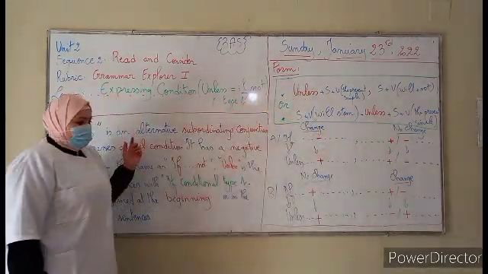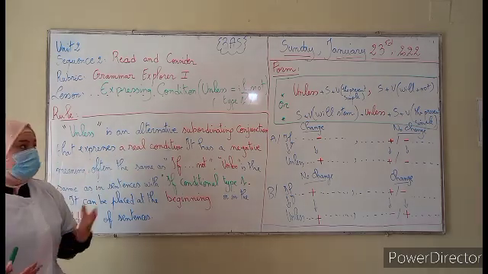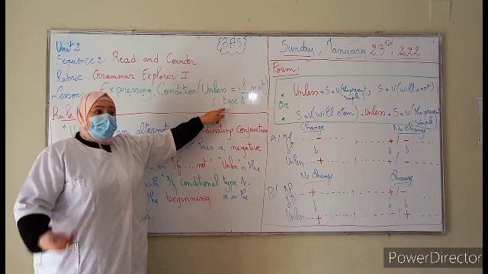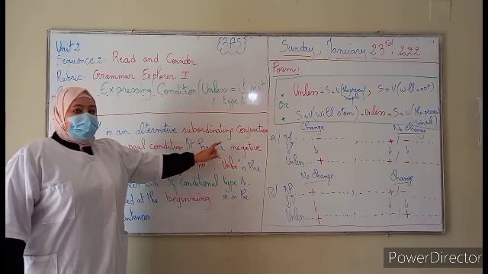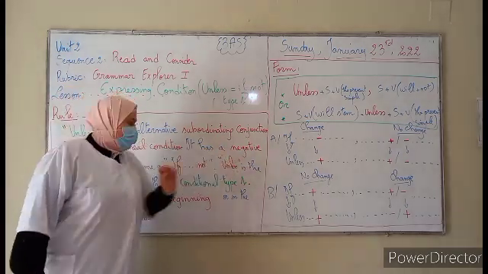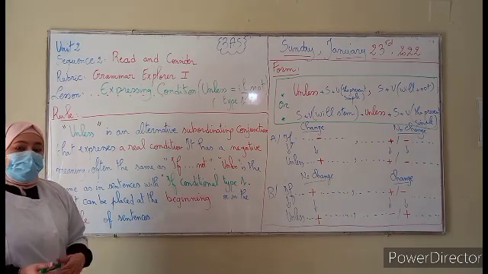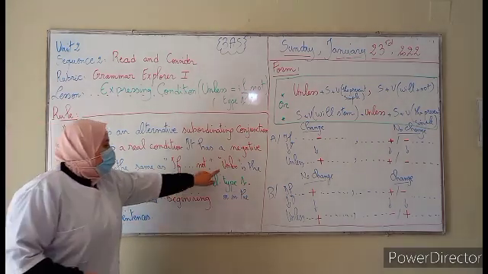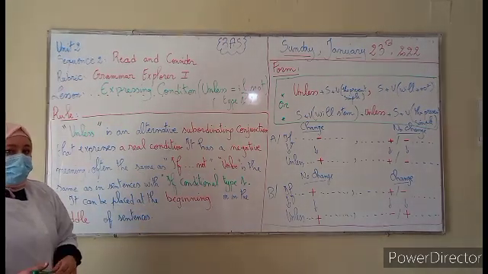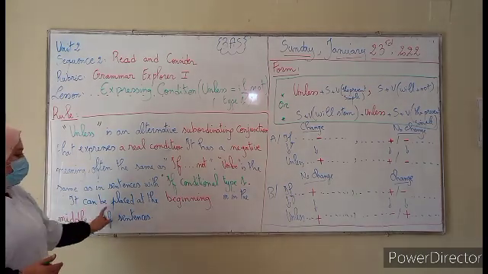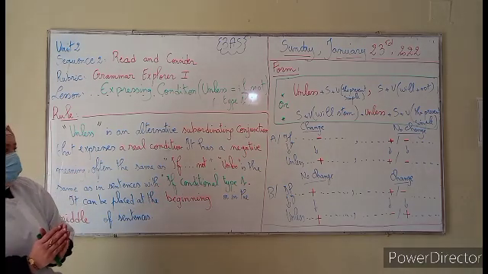So, unless is an alternative subordinating conjunction that expresses a real condition, and this is when we speak about type 1, when we make a possibility in the future that is likely to happen. Unless has a negative meaning, often the same as if not, and this is what we have said when we analyzed the examples together. Unless is the same as if not in sentences with conditional type 1. It can be placed at the beginning of the sentence or in the middle of the sentence.